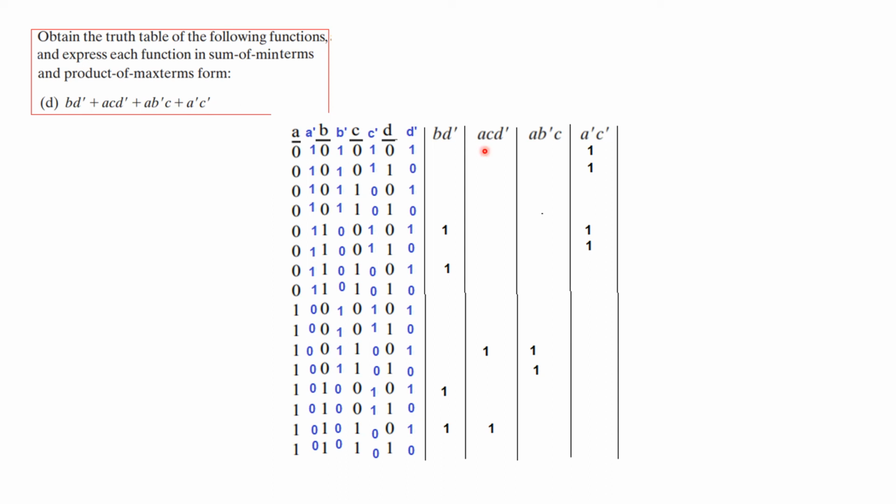Next is A, C, D dash. Okay, so this is A, C and D dash. So first of all, wherever A is 1, we'll only consider them because it's the n term and A has to be 1. So this portion is now out. Okay, so A is 1 and then we go to C1. So C is 1. So okay, so this is the probable area, and now we look for D dash.